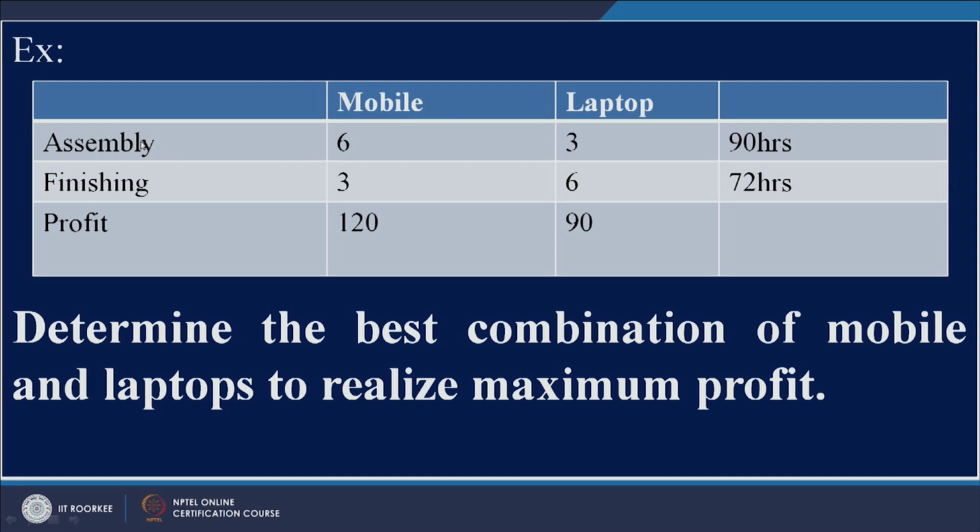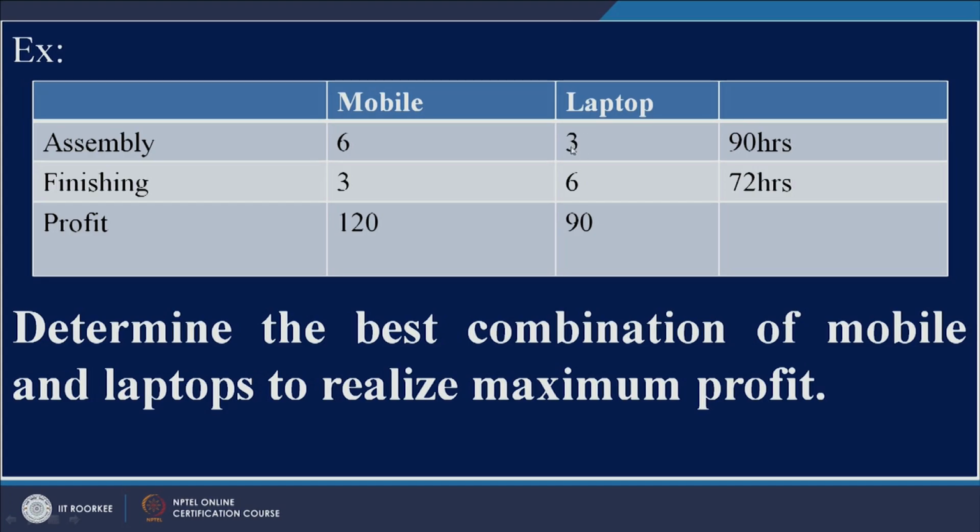The first is assembly and the second one is finishing. So, in assembly process, the total time available with you is 90 hours, and in finishing process the total time available to you is 72 hours. And this 6 is nothing but the time to assemble one particular mobile.